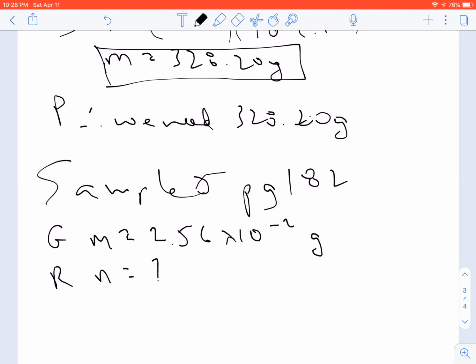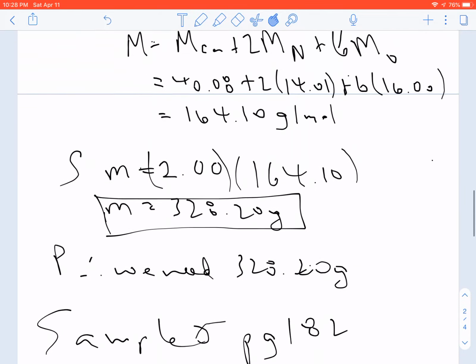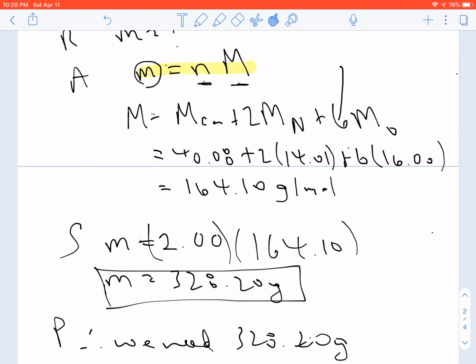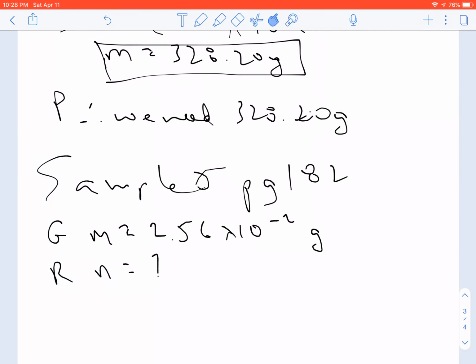Now, to solve for little n, again, remember my formula from up here. Formula says mass equals number of moles times the molar mass. So I'm going to come back down here. Mass equals number of moles times molar mass.